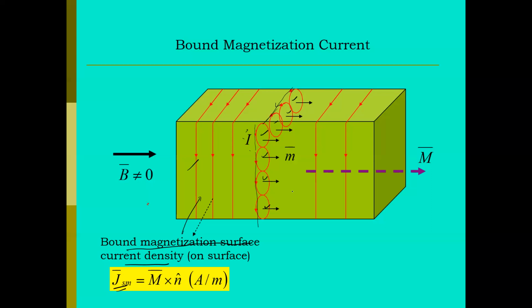It is related to the magnetization vector M by the equation: M vector cross product with the normal unit vector.